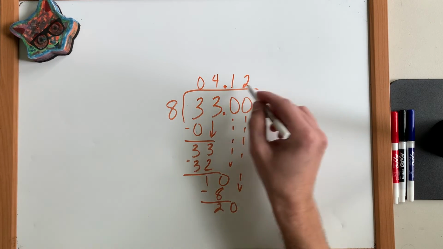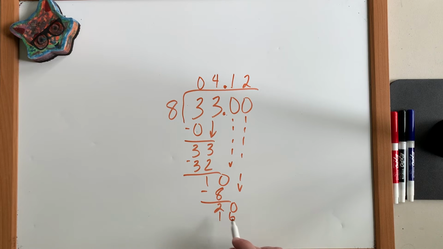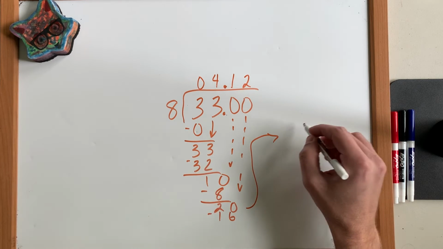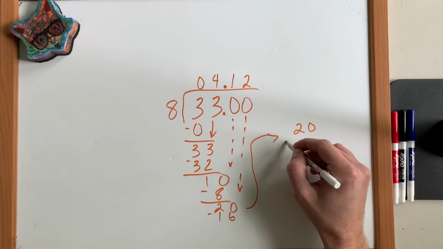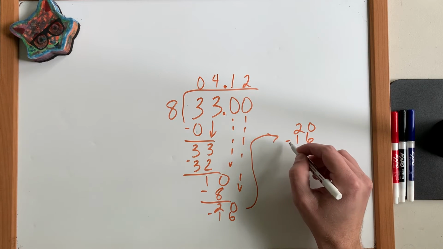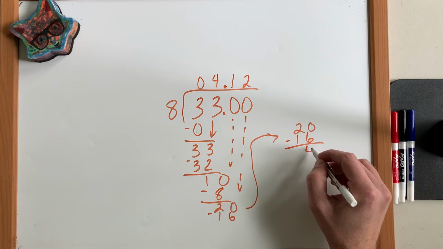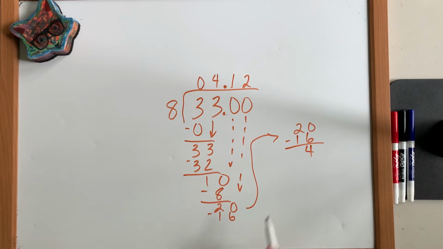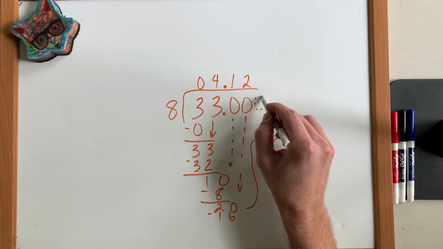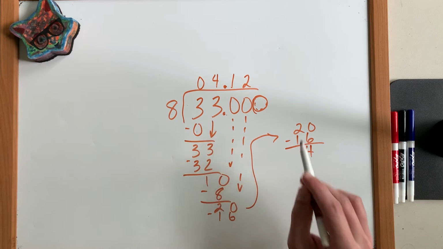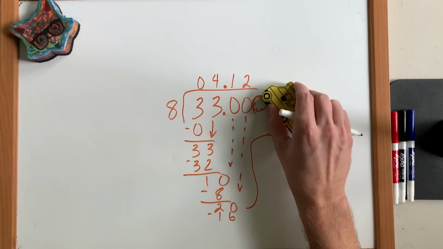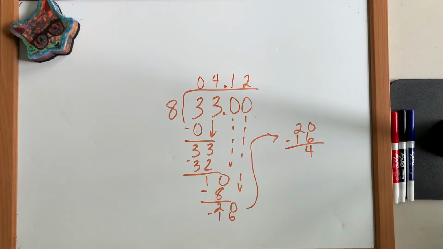8 times 2 is 16. I know this is getting a little tough to read here, so I'm going to move this up here. I had 20. I'm going to subtract 16 because 8 times 2 is 16. I'm left with 4. And the final placeholder 0 right here, that is a terrible 0. Let's go ahead and fix that.